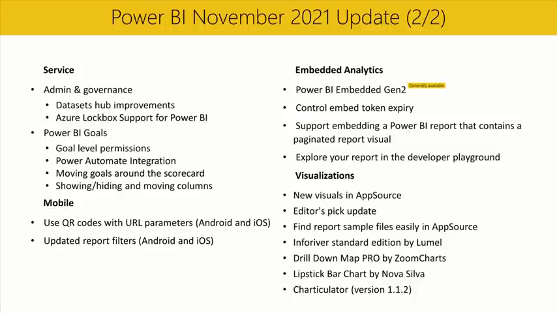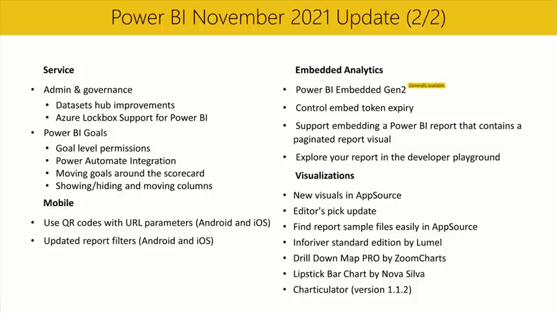Updated visuals include the Info River Standard Edition visual by Lumel, the Drill Down Map Pro by Zoom Charts, the Lipstick Bar Chart by Nova Silver, and my personal favourite, the Charticulator visual. Please note our editor's picks are moving to a quarterly cadence, so be sure to look out for our highlight visuals in the February update.